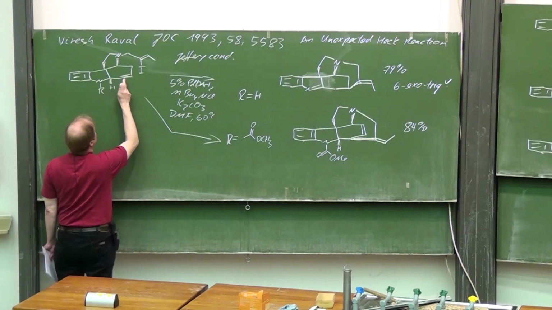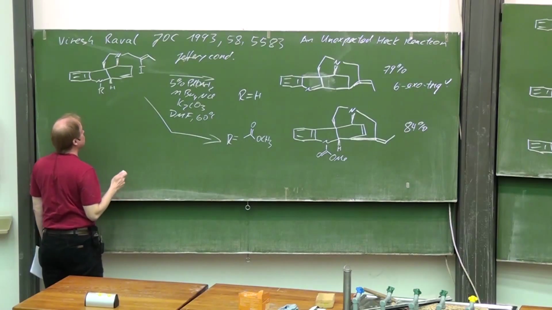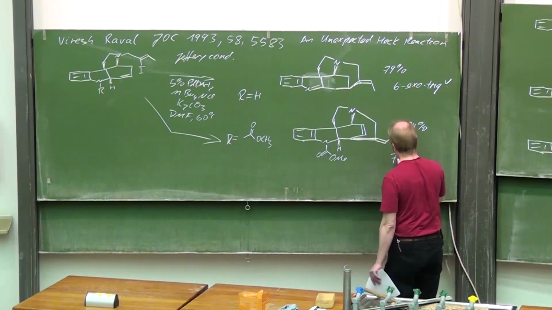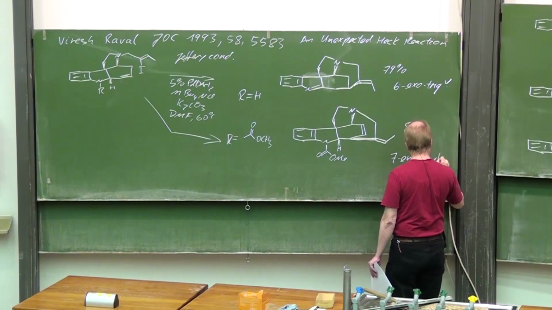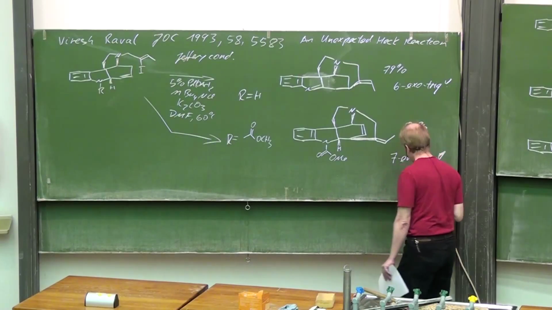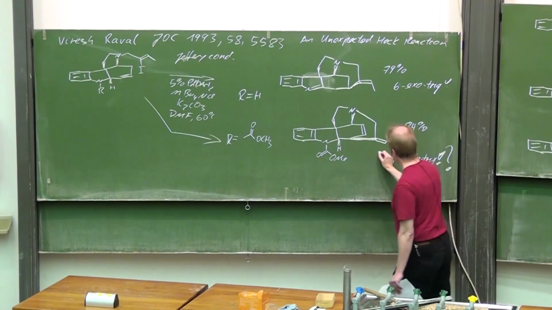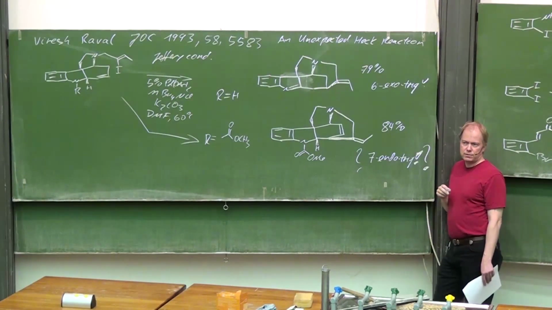Let's count 1, 2, 3, 4, 5, 6, 7. Unusual, a 7-endo-trig. But additionally, question mark. 7-endo-trig, this is rather strange.